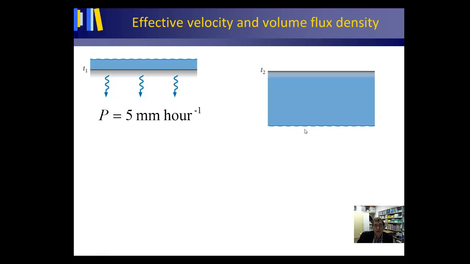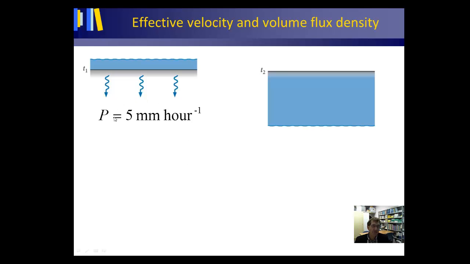Let's do a little mind experiment to show you the difference between velocity and volume flux density. It's raining, and let's imagine that it's raining on a soil which is 100% dry.